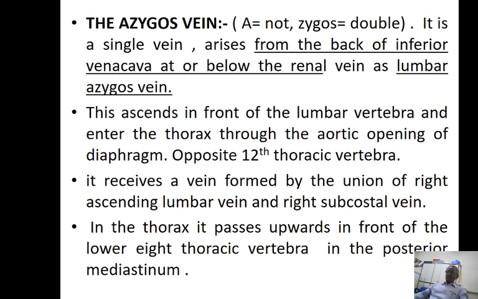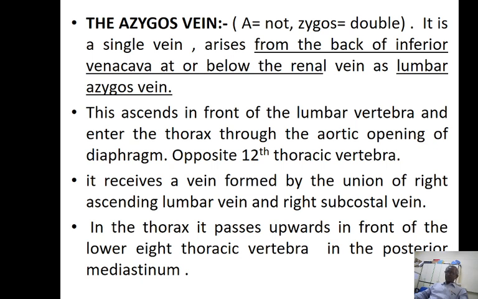This ascends in front of the lumbar vertebrae and enters the thorax through the aortic opening of the diaphragm opposite the 12th thoracic vertebra.